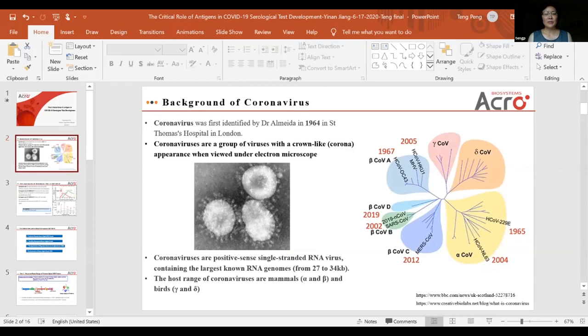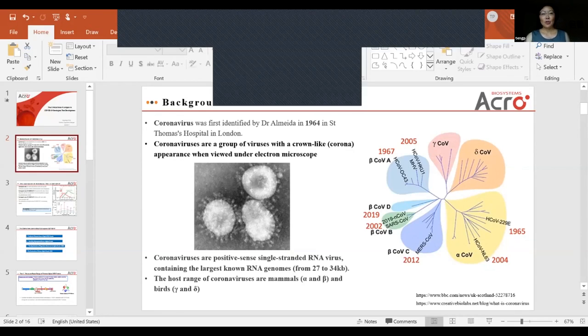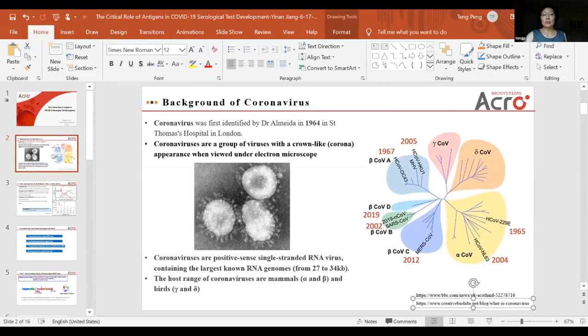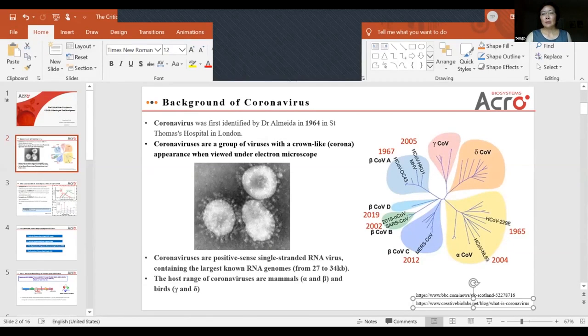Those coronaviruses are positive-sense, single-stranded RNA viruses with the largest RNA genomes. And the host range of the coronaviruses are usually mammals and also birds for different groups of coronavirus.